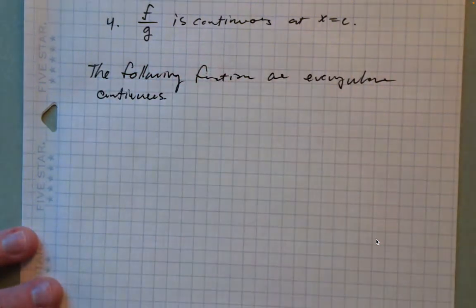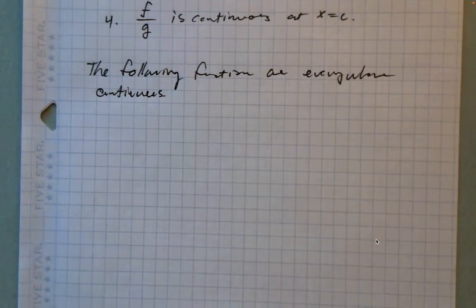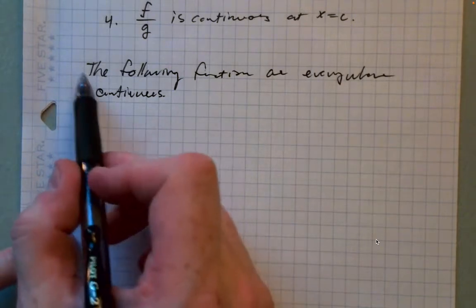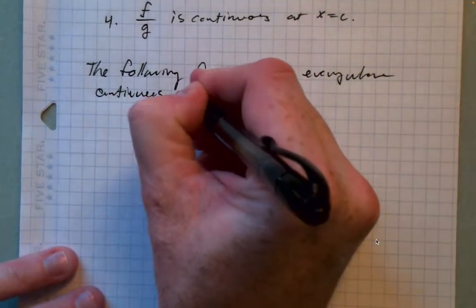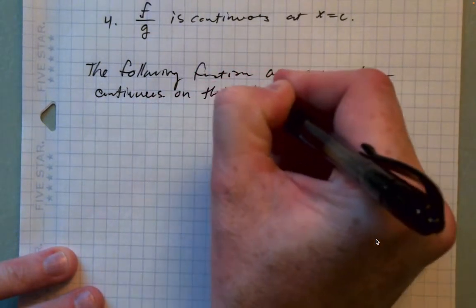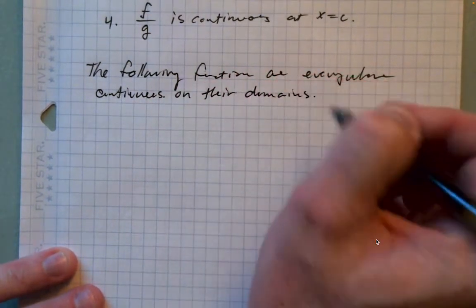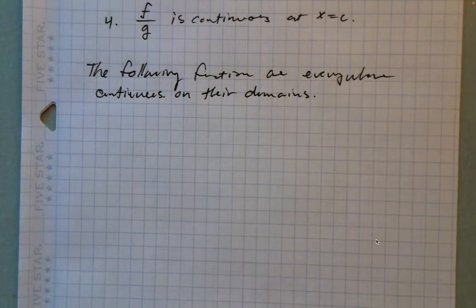Remember, everywhere continuous means that they're continuous on the entire real number line. Here we'll limit this a little bit. We'll say the following functions are continuous at every point in their domains. So the following functions are everywhere continuous on their domains. Okay, some of these will have a restricted domain.